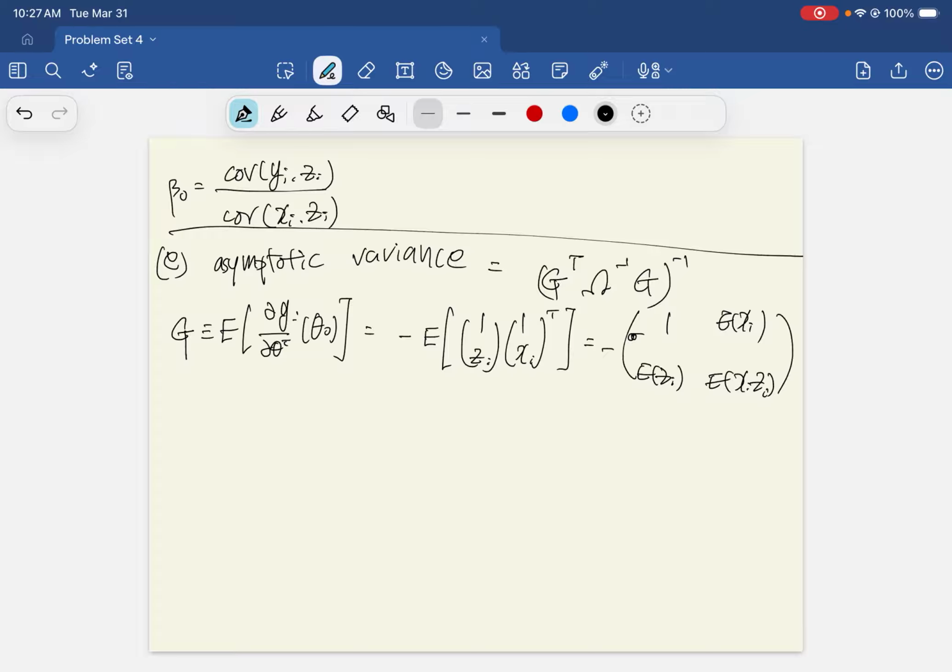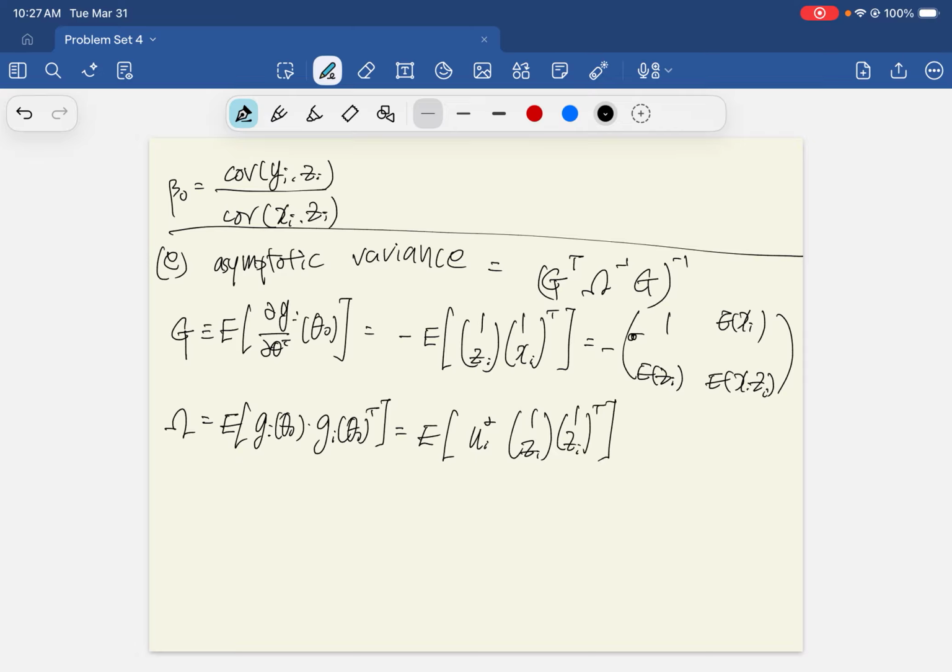That is G, and Omega is the expectation of g_i(theta_0) times g_i(theta_0) transpose. That was Omega, and we know it was u_i squared times (1, z_i) and (1, z_i) transpose. And in this question, I assume that the error term is homoscedastic, right?